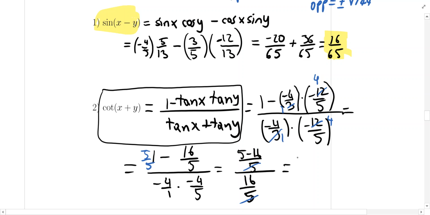And 5 minus -16 is going to be -11 over 16. All right, so if we didn't make any mistakes this time, this should be the answer.